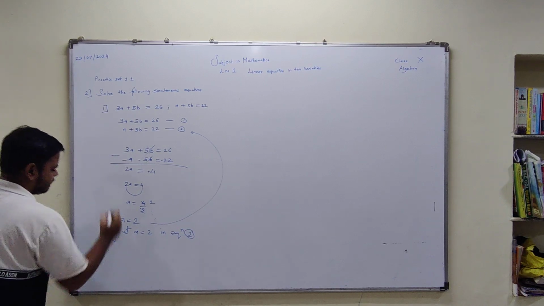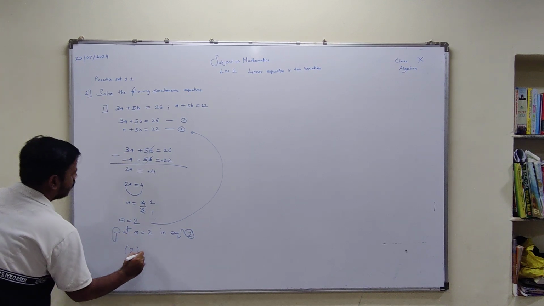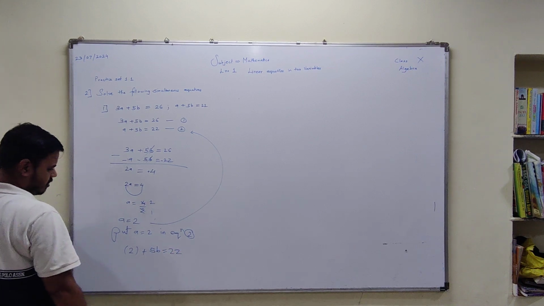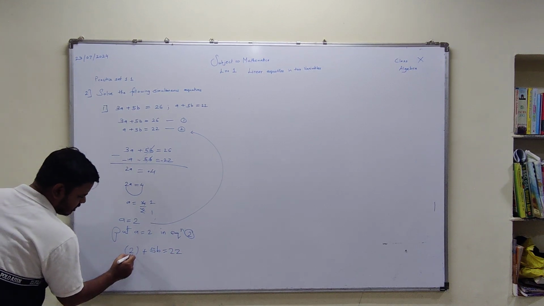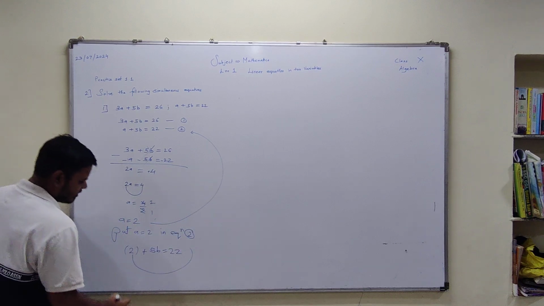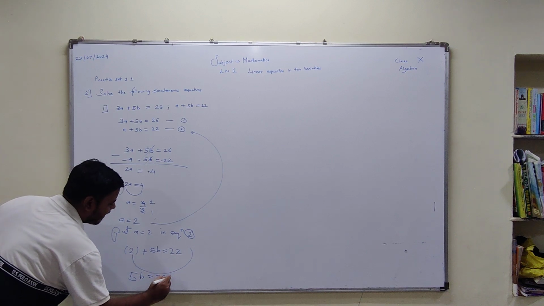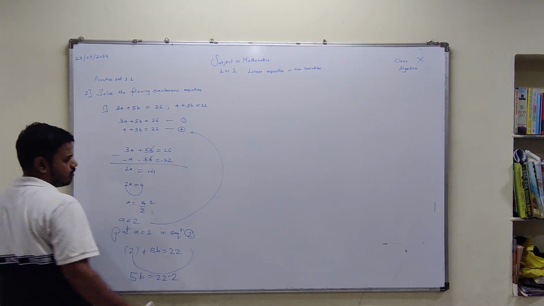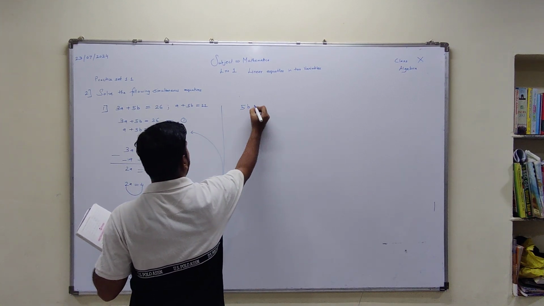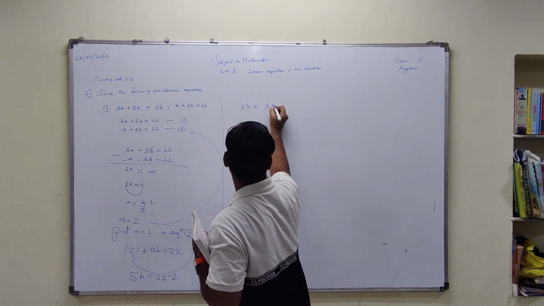So what do we get? Instead of a, we write 2 plus 5b is equal to 22. Now this 2 we will transfer to the RHS, the right hand side. So this will become 5b is equal to 22 minus 2, which is 20.